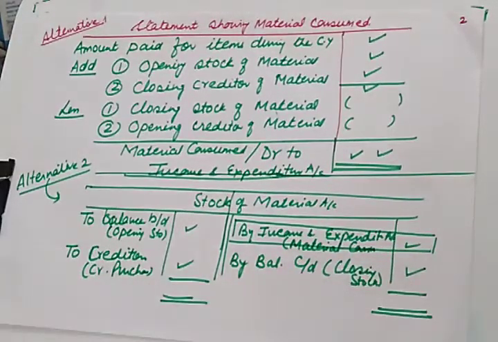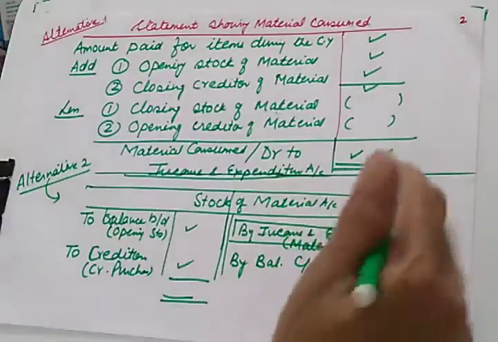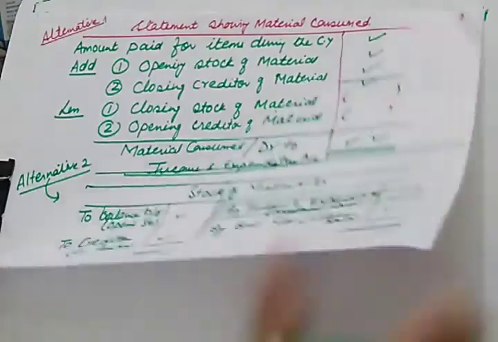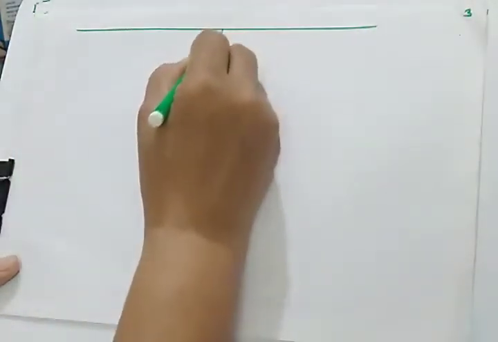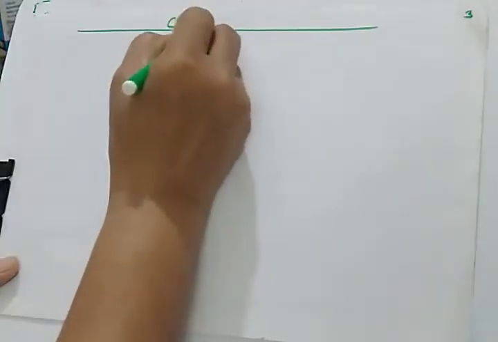But as you know that in this situation, credit purchases are not given to us. So you have to make one more ledger, which is creditors of material account. So let us make one more ledger. And that ledger is creditors for material.